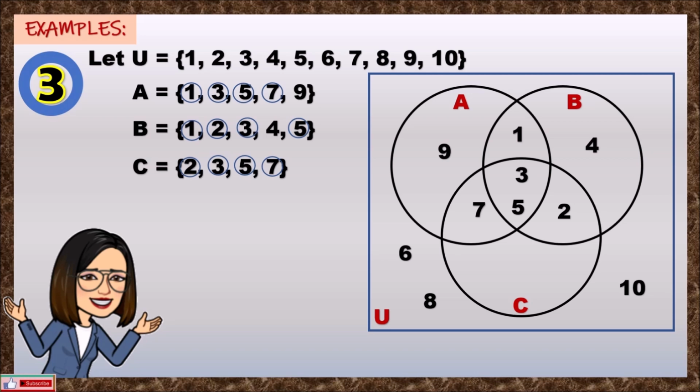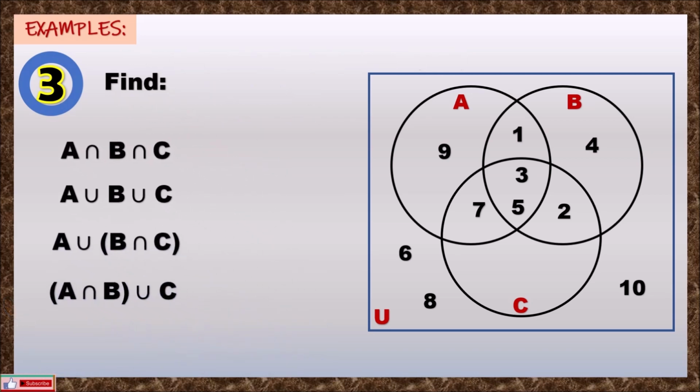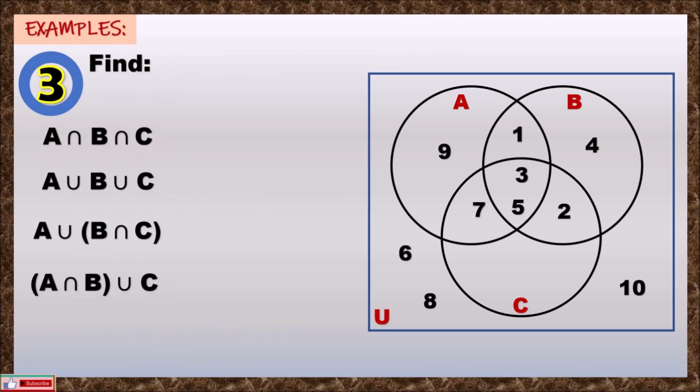Okay, now let us find the needed elements in the problem. First, we have A intersection B intersection C. What will be the elements? Correct. We have 3 and 5.